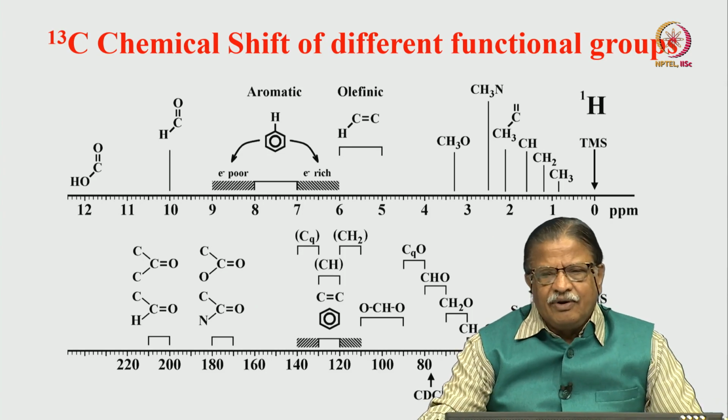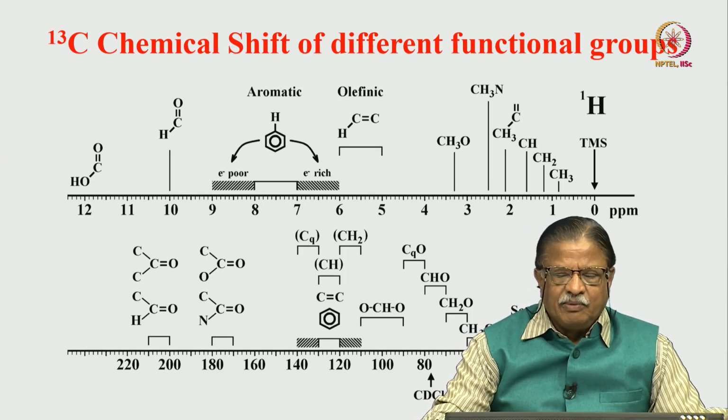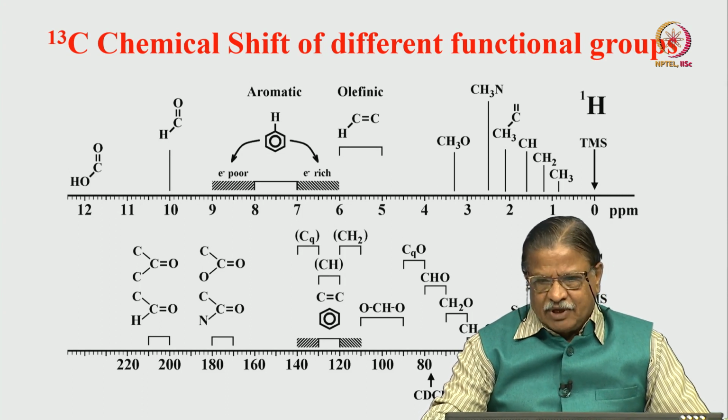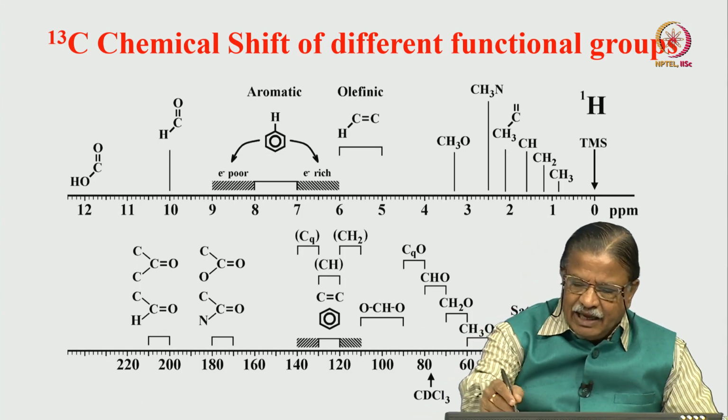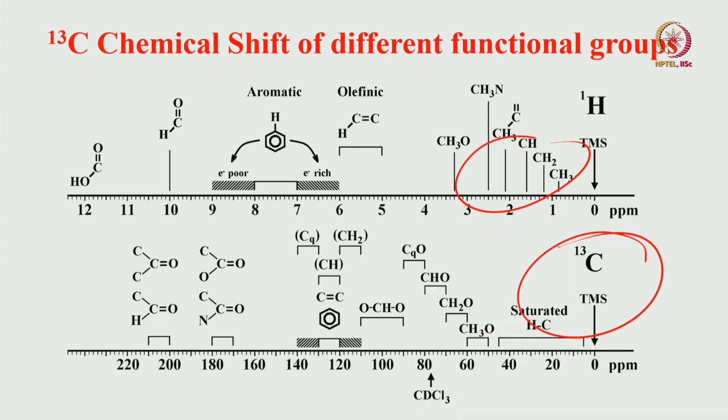And like we have seen where different functional groups resonate in the proton spectrum, similarly there is also a table given for carbon. In this chart you can see where different functional groups resonate. For example, an aromatic may come around, let us say, 100, 120, 130 ppm.